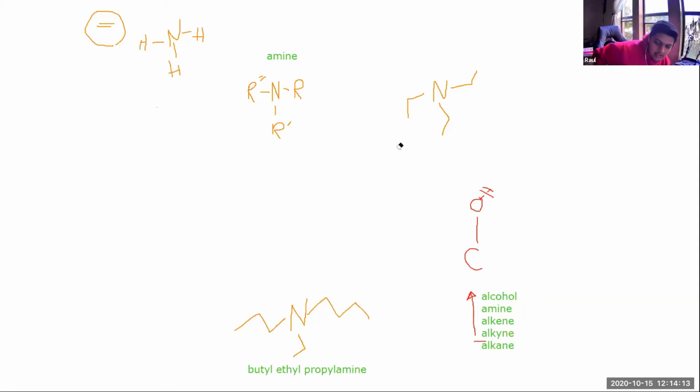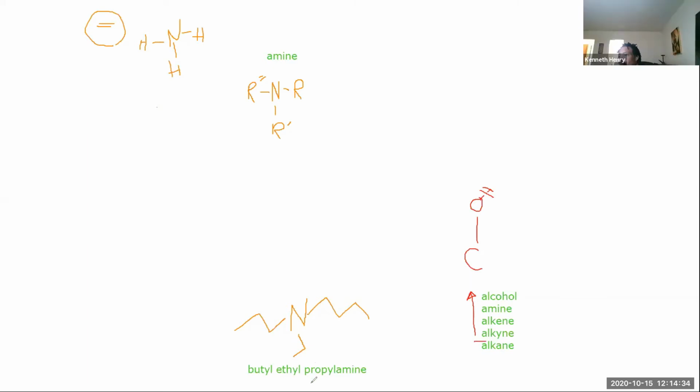I mean, like for the strand, one of them has 1, 2, 3, 4 carbons. The other one has 1, 2, 3, and then one of them just has 2. Oh wait, no, we put propylamine because of alphabetical order.